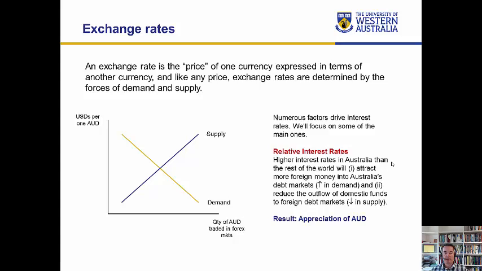Now, if that happens, that's going to attract investment money into Australia's debt markets, and that will shift the demand curve for the Australian dollar to the right, because to get the money into Australia and earn the higher interest rate, foreigners will have to actually buy Australian dollars before they can buy Australian debt.